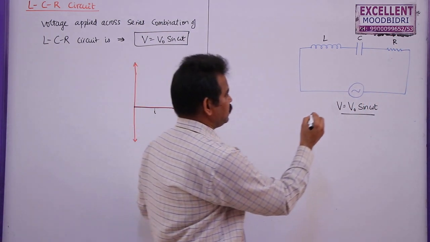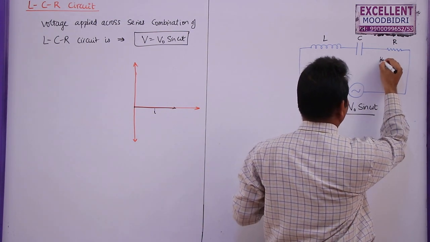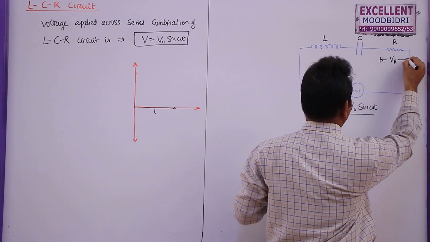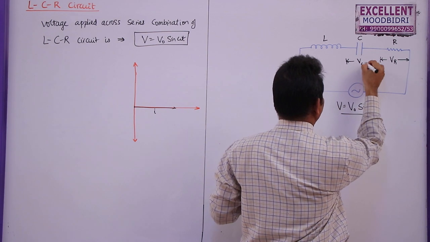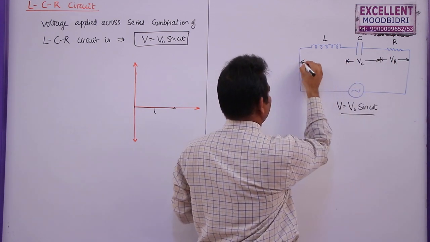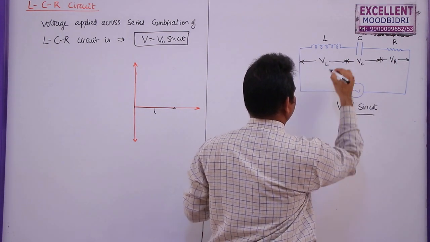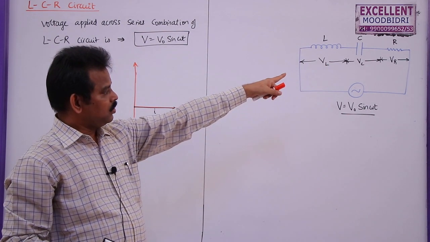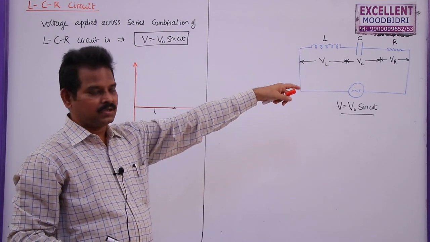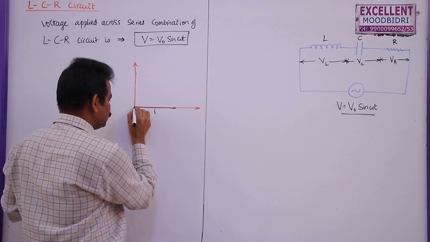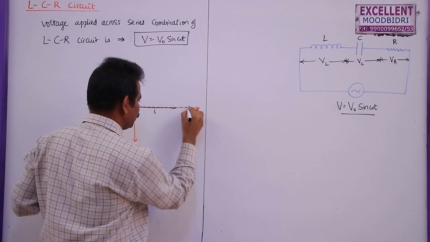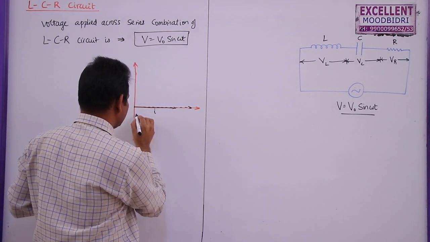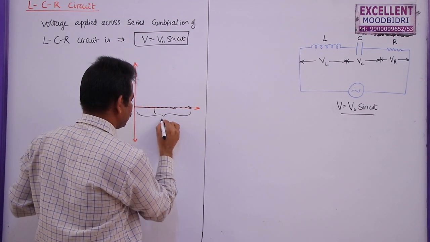So the voltage drops are VR, this is VC, that is the voltage across the capacitor, and this is VL. Now what is the voltage across the resistor? We are representing this as VR. So VR is also in the same phase, so I am denoting it with the dotted line. So this will be VR.